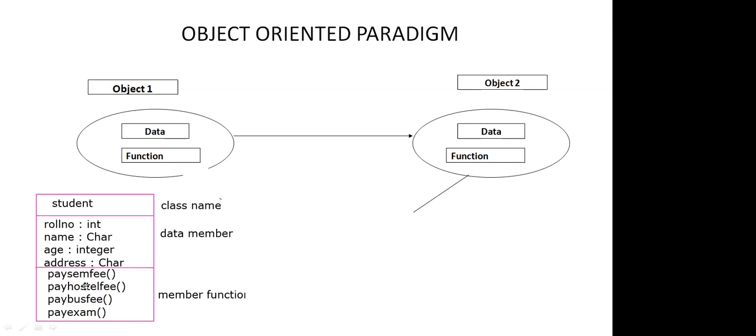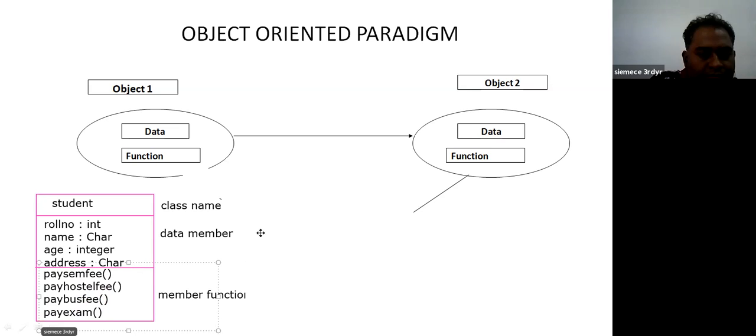Yes, sir. Okay. So this is a class, and this is the diagram of a class. This diagram of a class has been divided into three parts. One is the student part, that is the class name.